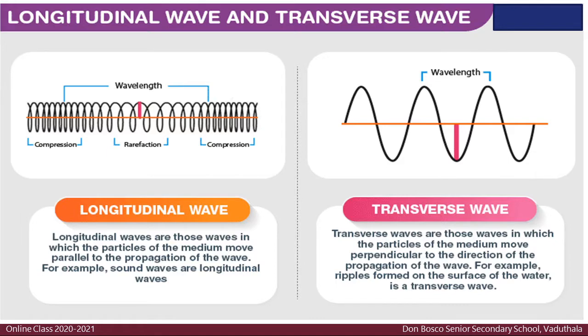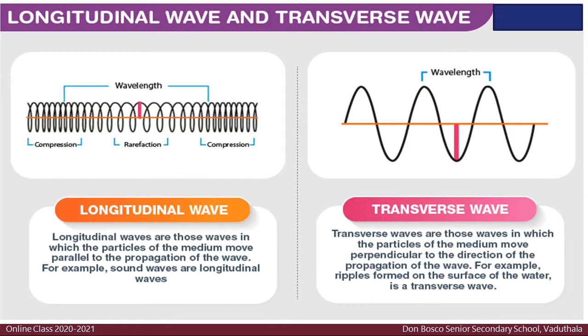As I said, longitudinal wave and transverse wave. In a longitudinal wave, the particles move along the direction of energy propagation, parallel to each other. So when this type of motion happens, compressions and rarefactions are forming.